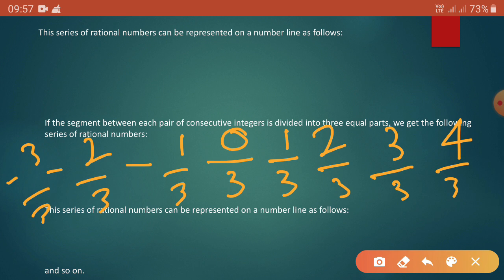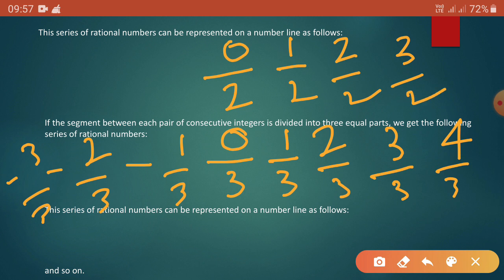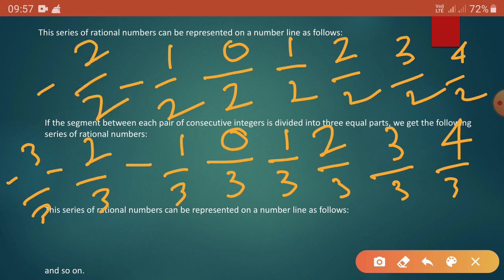In the previous example, we divided the segment into two parts, so we had 0 by 2, 1 by 2, 2 by 2, 3 by 2, 4 by 2, and in the negative part we have minus 1 by 2, minus 2 by 2, minus 3 by 2, and so on. So look at the difference.